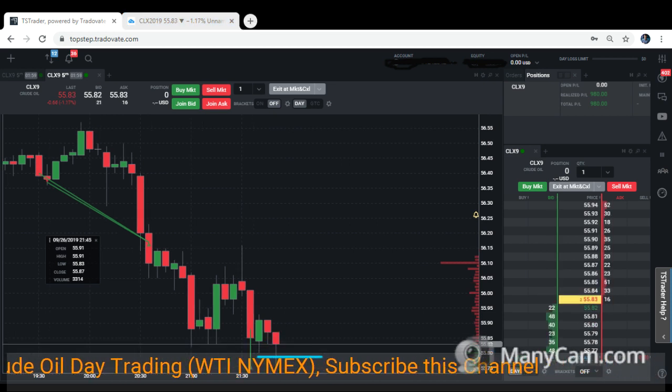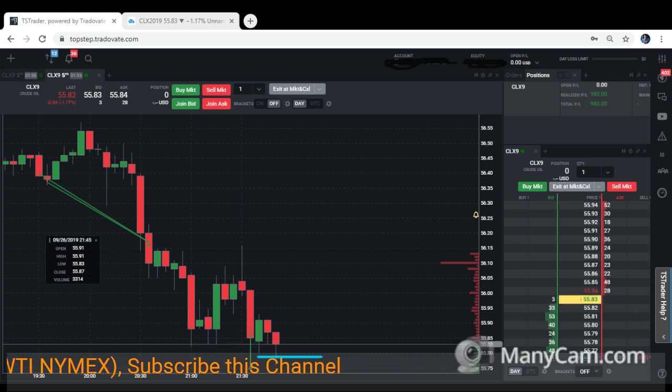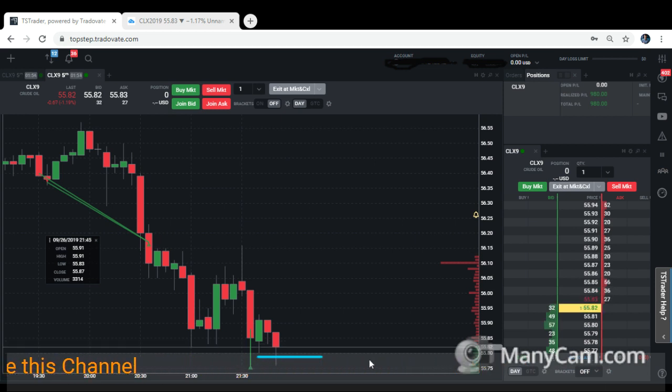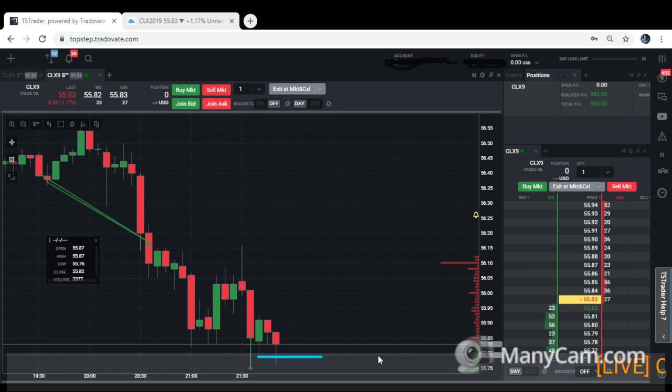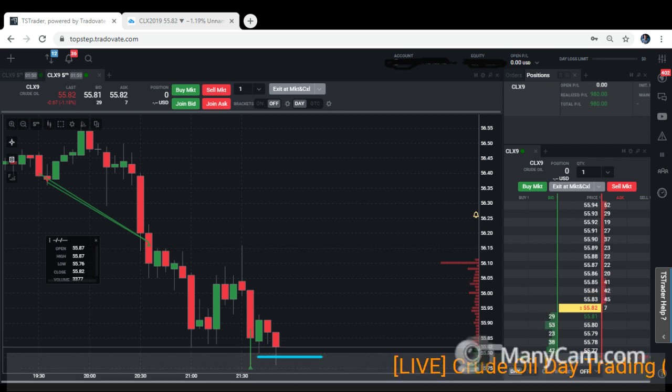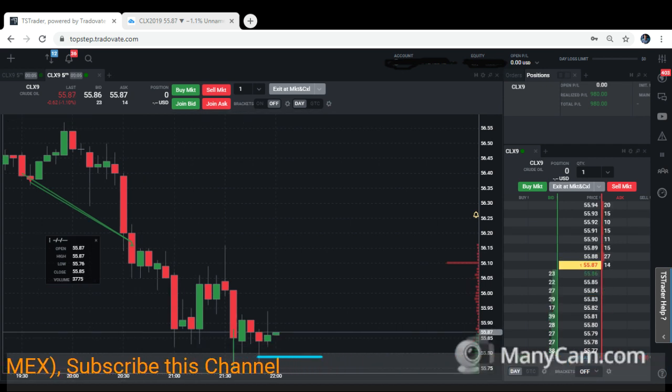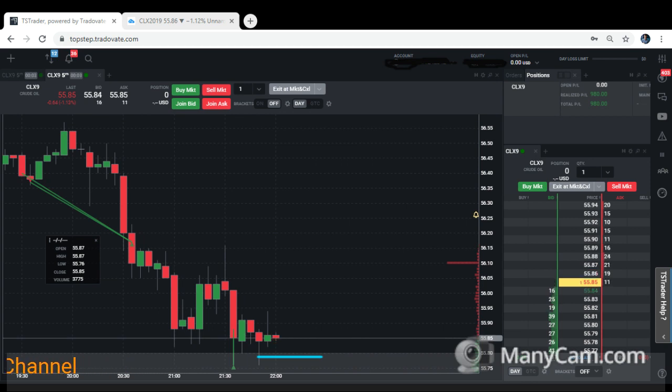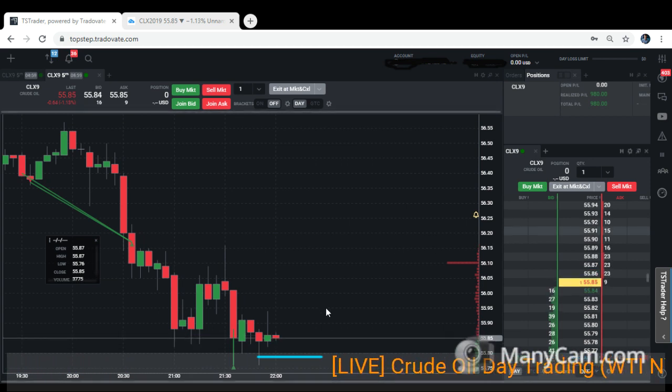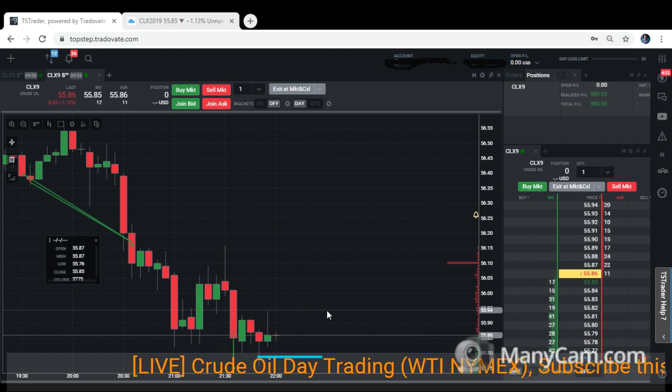Okay, the second signal already hit at 55.79. Looks very interesting at this moment. This is the price for our second scalping signal.